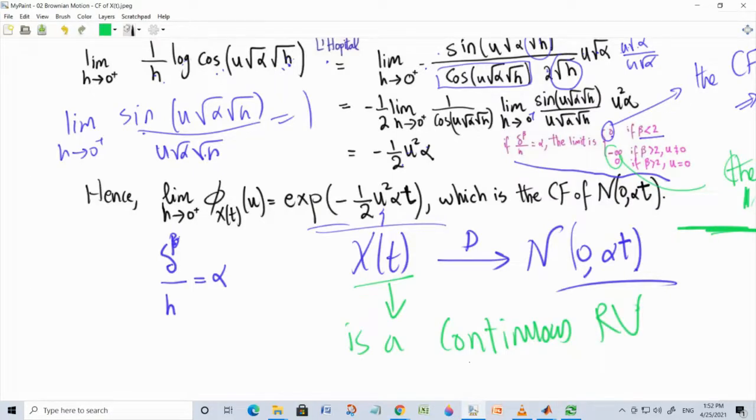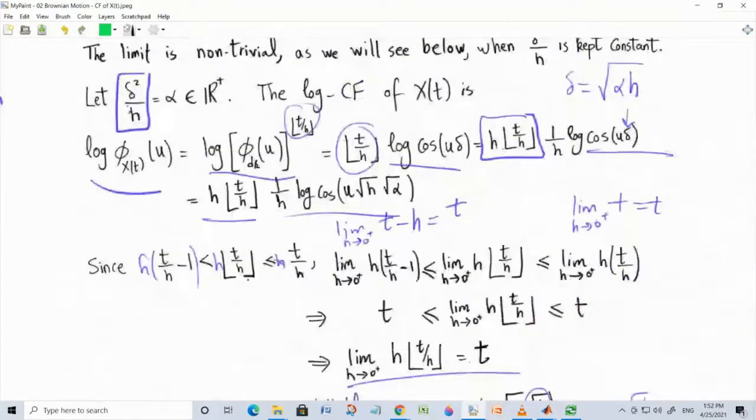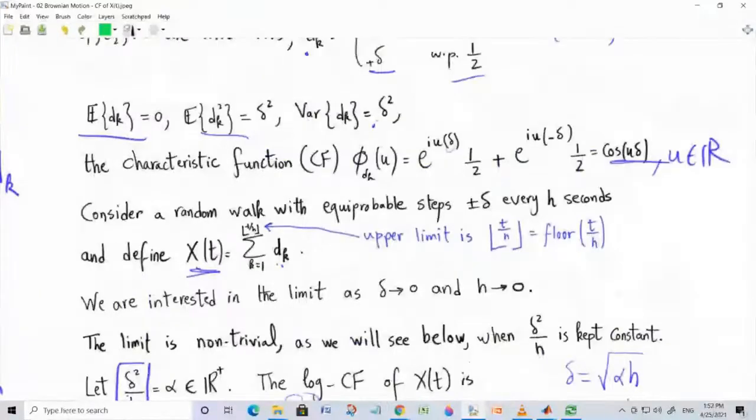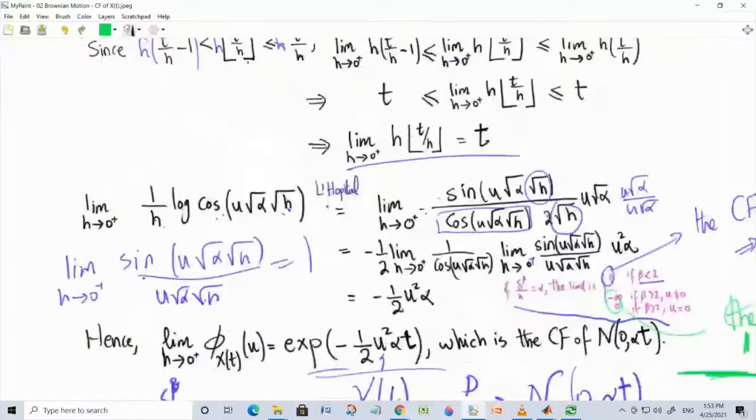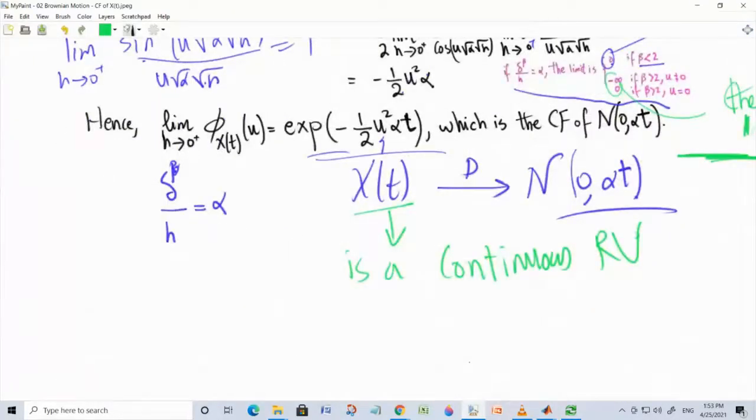It is constructed from the summation of discrete random variables, but the trick here is to take the limit. Without taking the limits, x of t would remain a discrete random variable, but by taking the limits, we obtain an x of t that is Gaussian. It can take any real number.